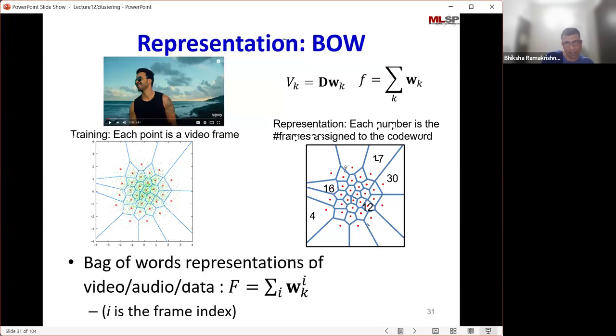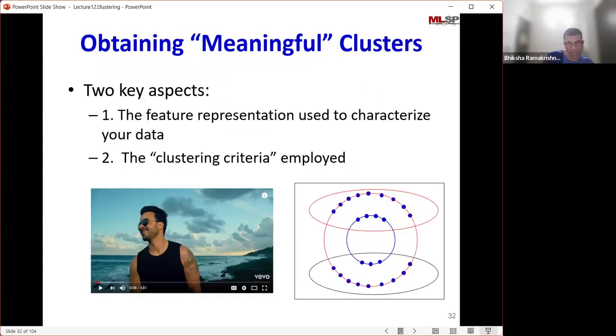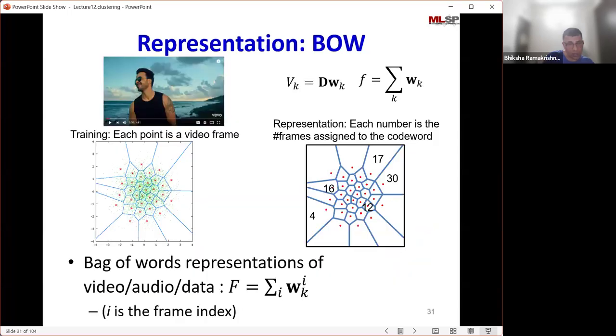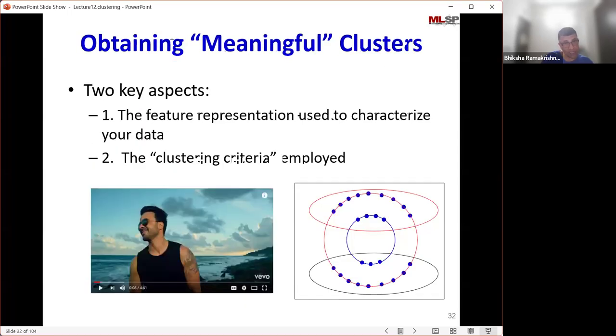Differently stated, for every vector that you got from this video, you would get one weight vector W, which was one hot. If you sum them all up, then you're going to get a vector F where each entry tells you how many of the original data vectors fell in each cell. And this F would become a representation that you could use to perform retrieval. So again, you can use clustering for things like deriving representations.